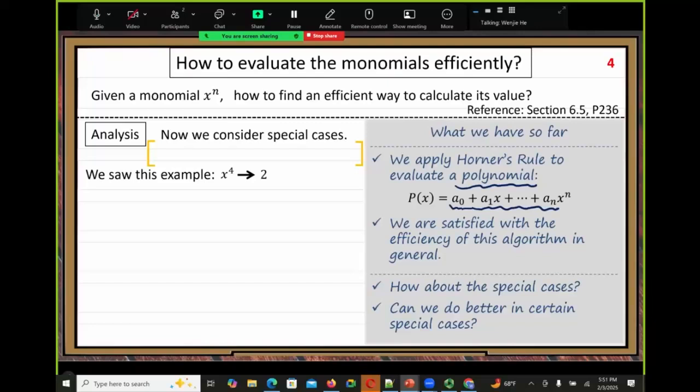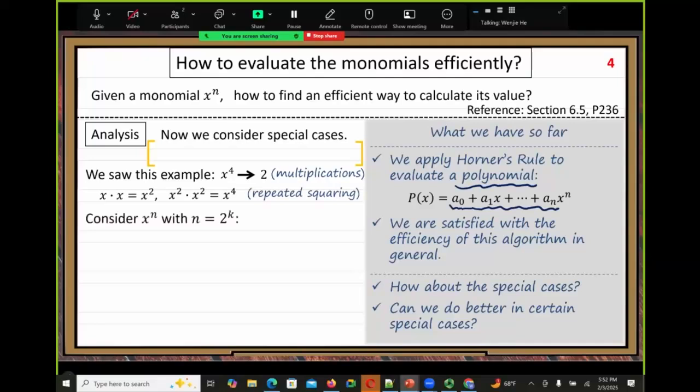One square operation is one multiplication, and you do it twice, so you need 2 multiplications. Let's continue. Keep doing the square operation. So here we have repeated squaring.